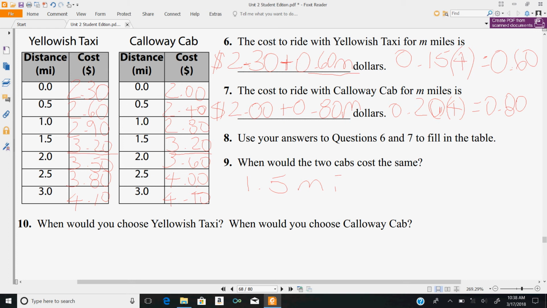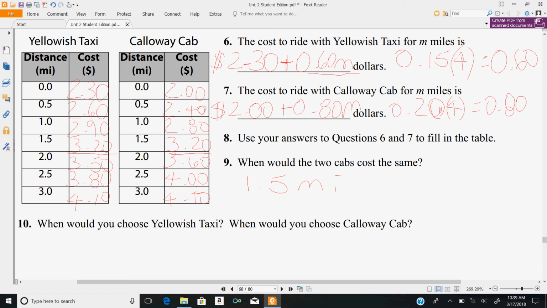Then question 10 says, when would you use Yellowish Taxi? When would you use Callaway Cab? A lot of people said you would use Callaway Cab for short distances because they have a smaller upfront fee. You would use Yellowish Taxi for long distances because they have a smaller per mileage fee. And I gave credit for that in the homework because the question doesn't really ask you to be more specific than that.